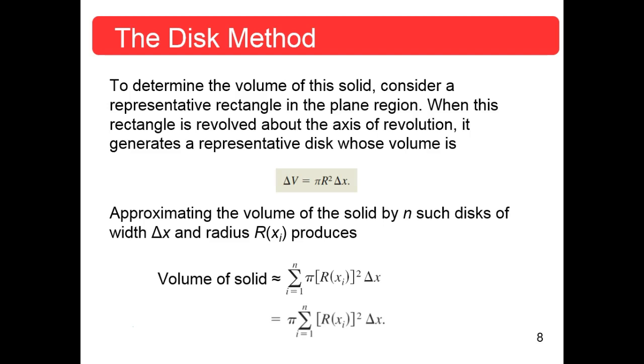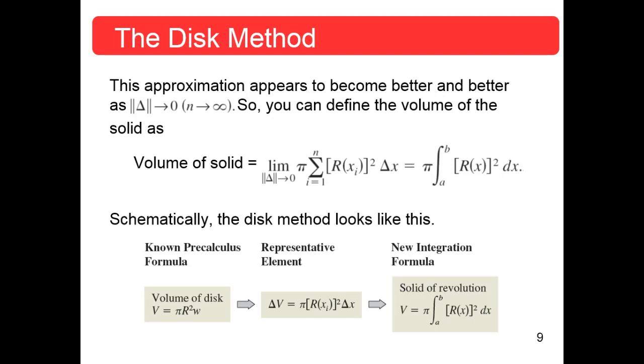When you see it now, feel it coming, pi times the integral from a to b of f of x squared dx. That's where we're heading. That approximation appears to be better and better as your deltas get smaller and smaller, approaching zero. Of course, that makes your n go to infinity.